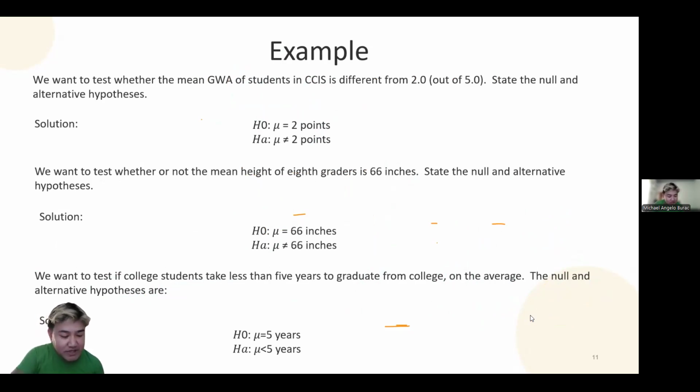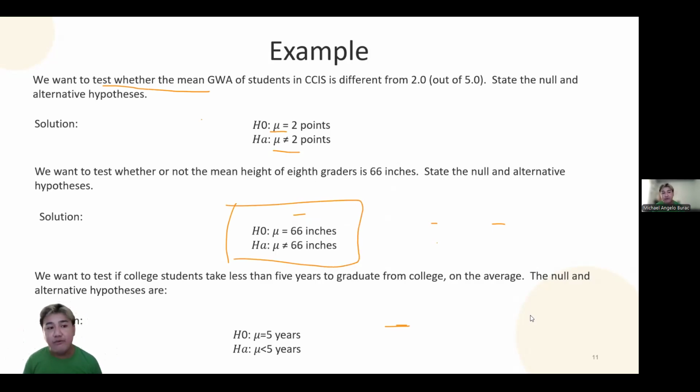We want to see whether the mean, meaning uncertain whether mas mababa or mas mataas. So we say not equal to, because we look into both the left and the right tail. And our null hypothesis is that our mean is equal to 2. Okay, and we have other examples here to represent how we write the null and alternative hypothesis.